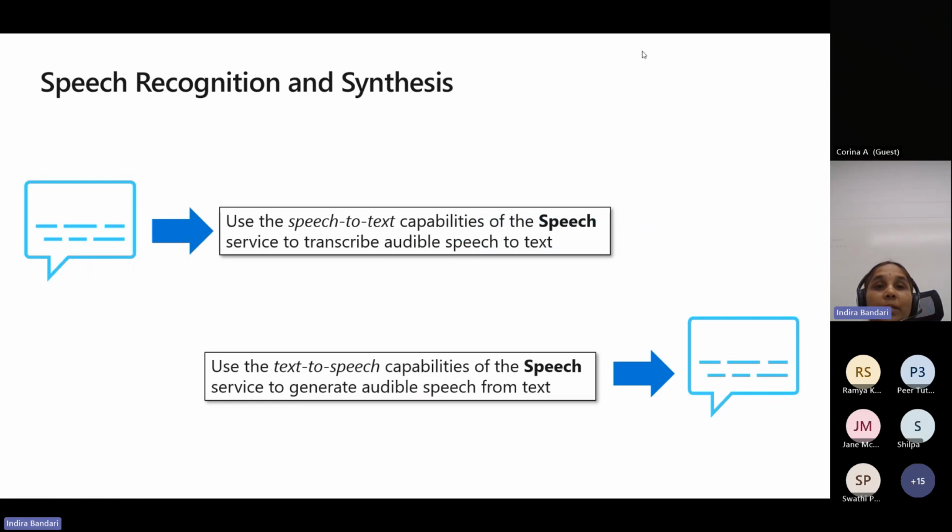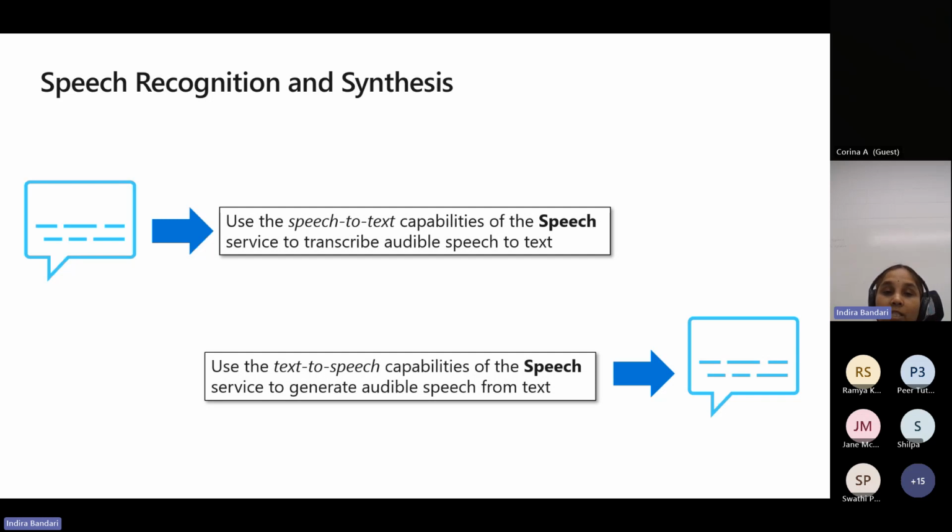Now, here, speech recognition and synthesis. You use the speech to text capabilities of the speech service to transcribe audible speech to text. So, I'm talking and then it will transcribe the speech to text. Okay, that is the speech to text service.